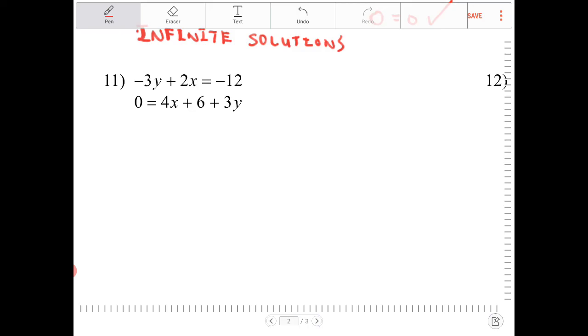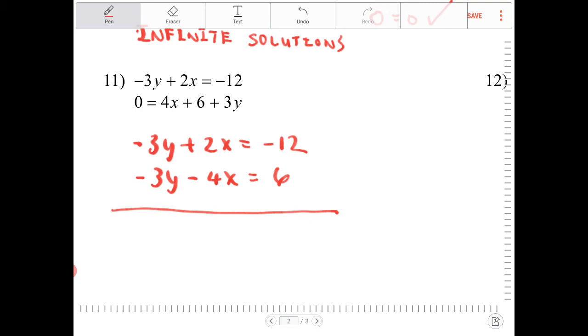I am going to, again, set this up for elimination. So I have -3y plus 2x. Notice I did not write x and then y. You can actually write it in either order; it really doesn't matter. I'm going to bring all the x's and y's to the other side. So I have -3y minus 4x is equal to 6. This is already set up for elimination, because if you notice, the coefficients for y are identical.